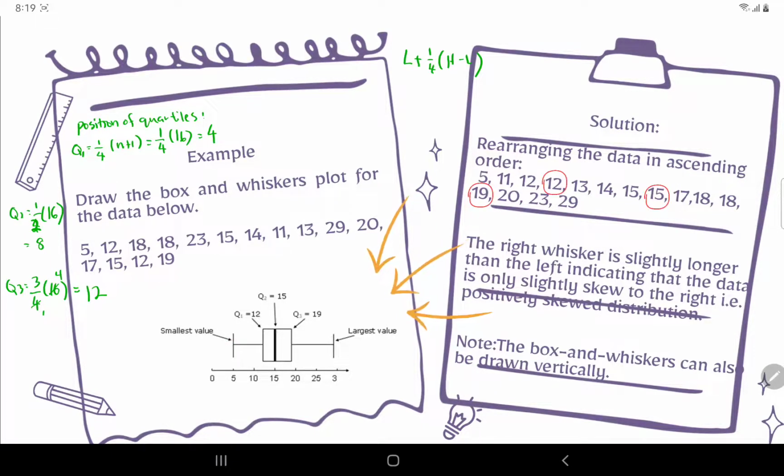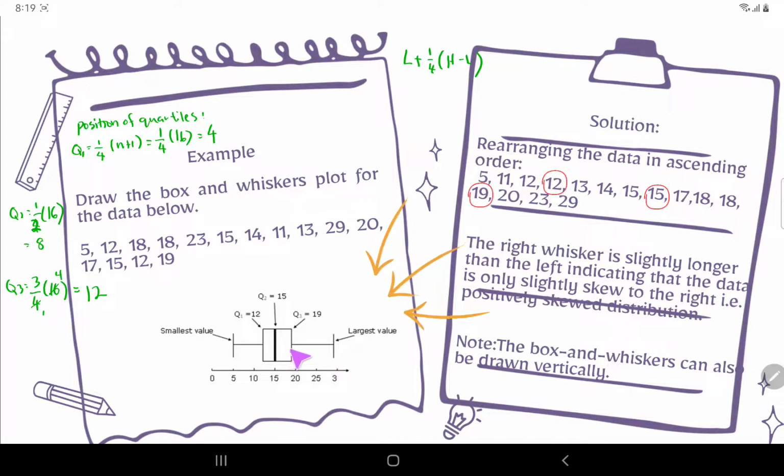So, lukislah kat sini. The smallest value is 5. Largest value is 29, lebih kurang. And then our Q1 is 12. Our Q2 is 15. Our Q3 is 19. So draw a box here and a whisker.